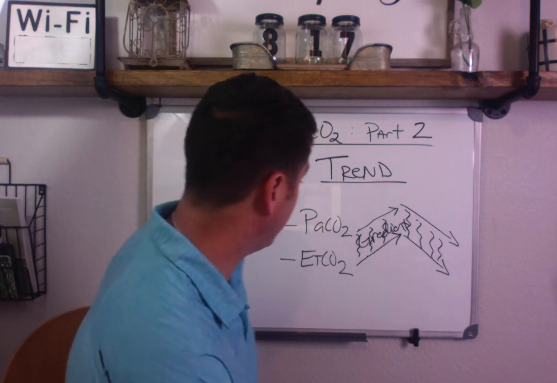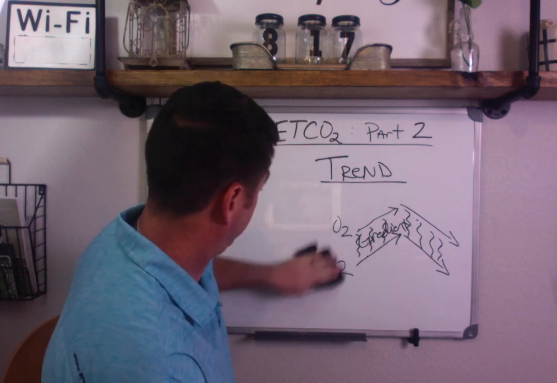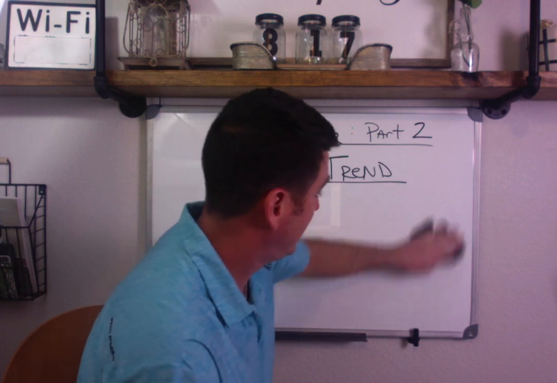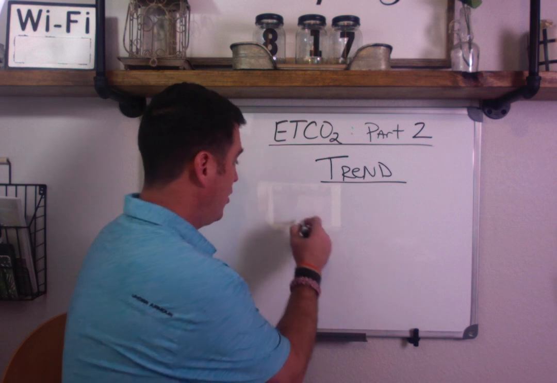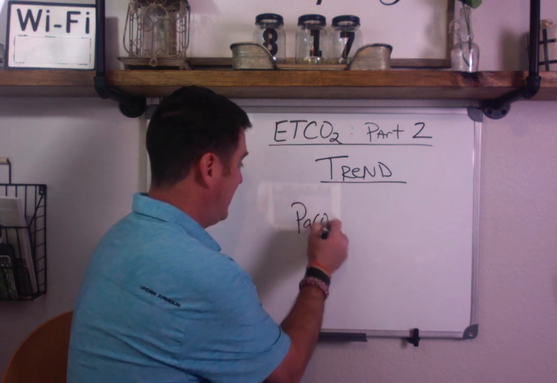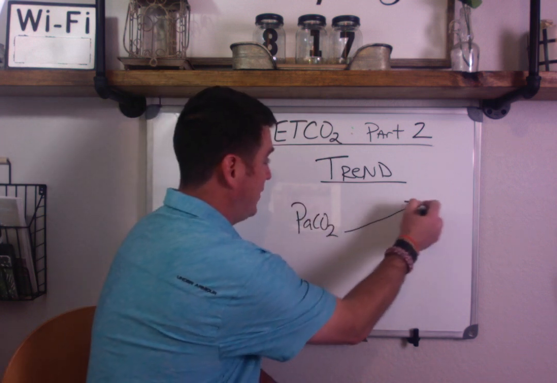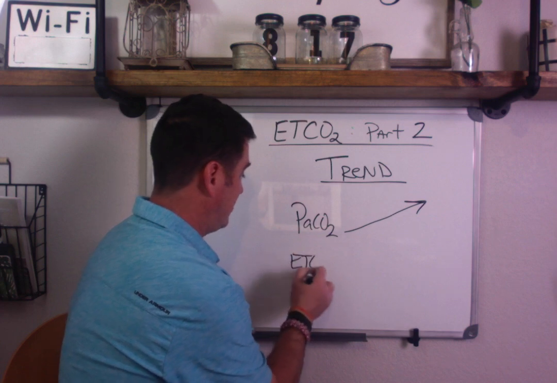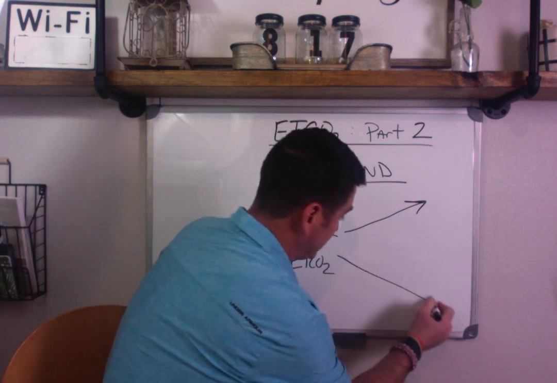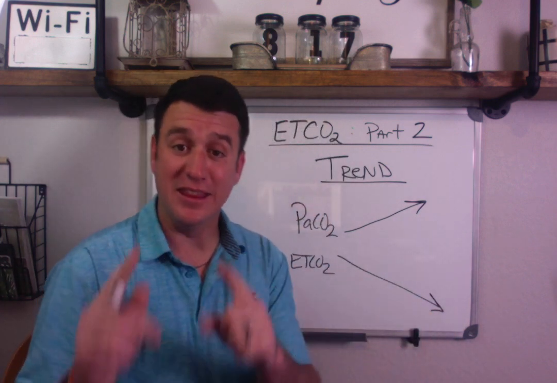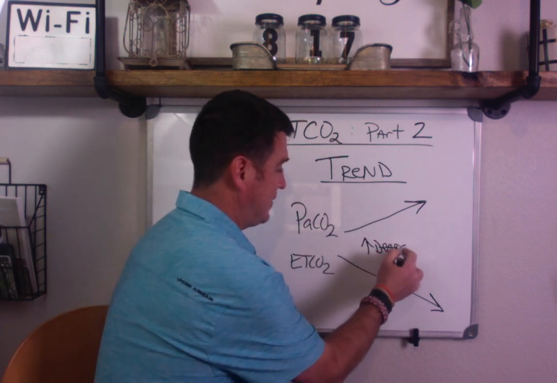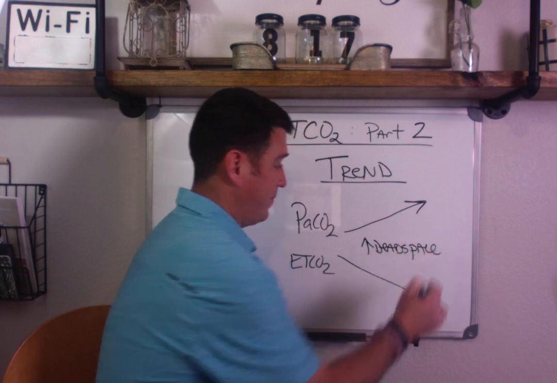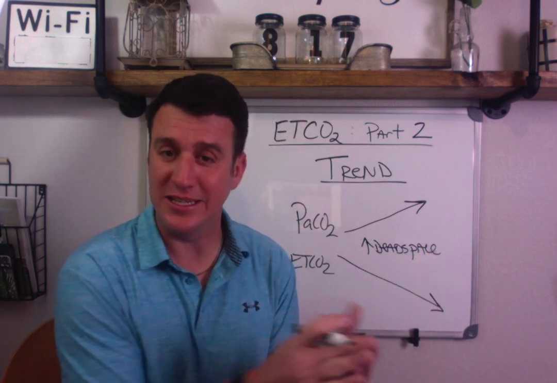Okay, now let's talk about the oddball. There is a scenario where PaCO2 goes up and end-tidal CO2 goes down. And this is in the presence of increased dead space. Now, what would cause an increase in dead space?